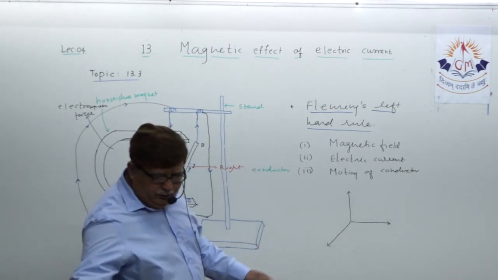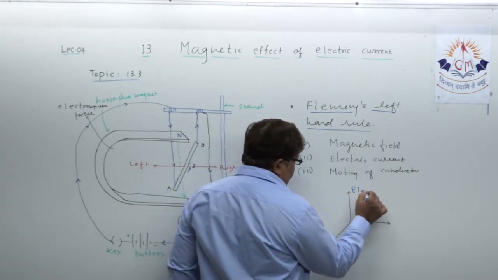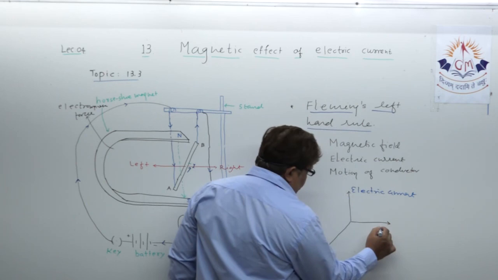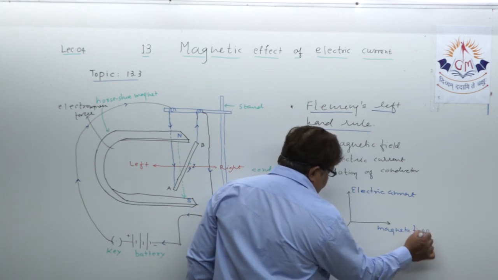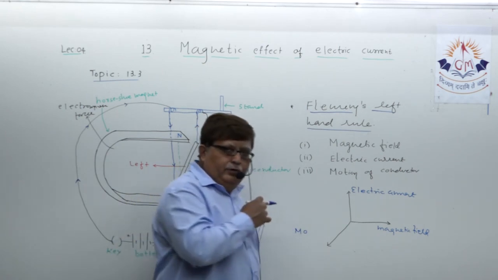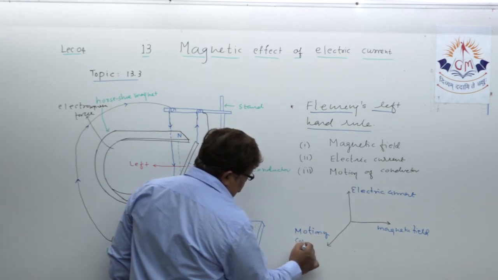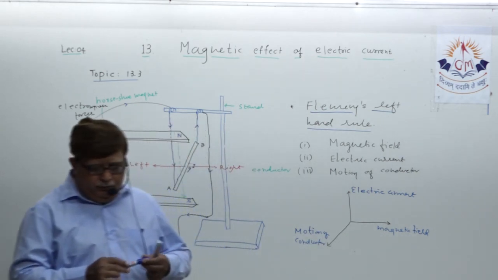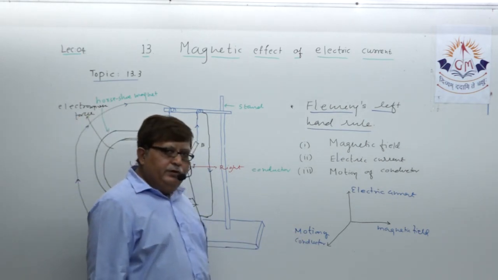Suppose this is the direction of electric current, this shows the direction of magnetic field, then this shows the direction of motion of conductor. So you can show Fleming's left hand rule in picture form.